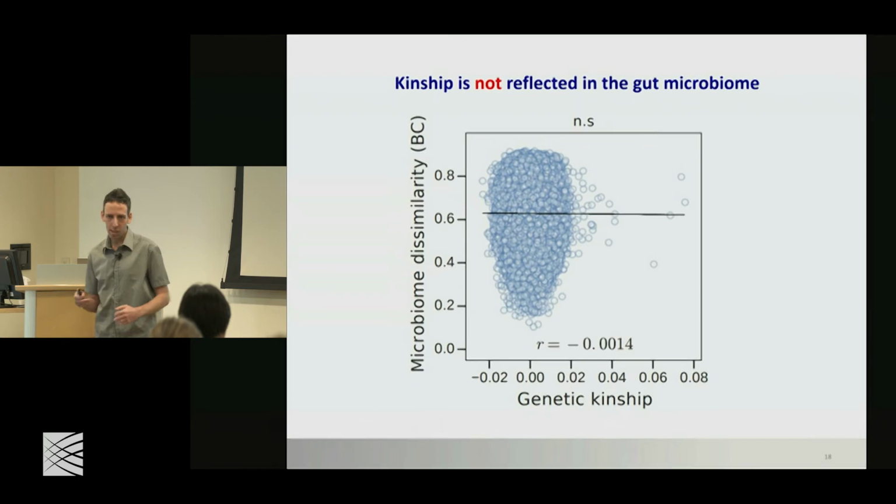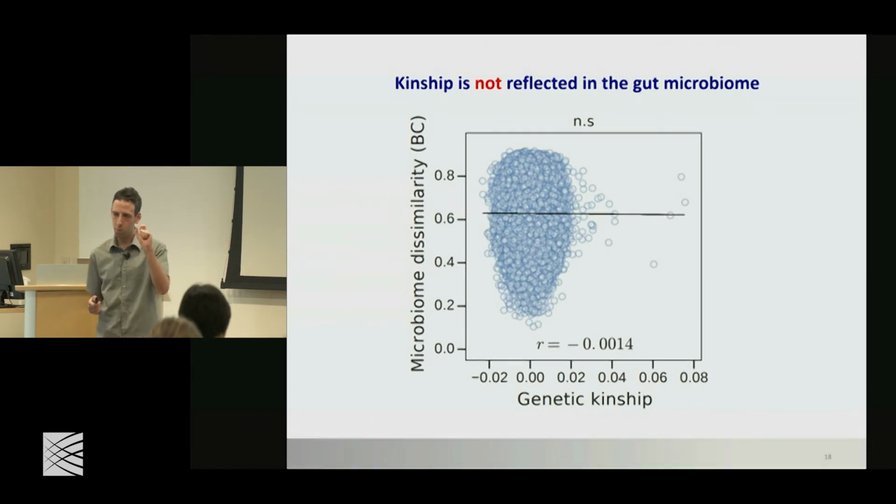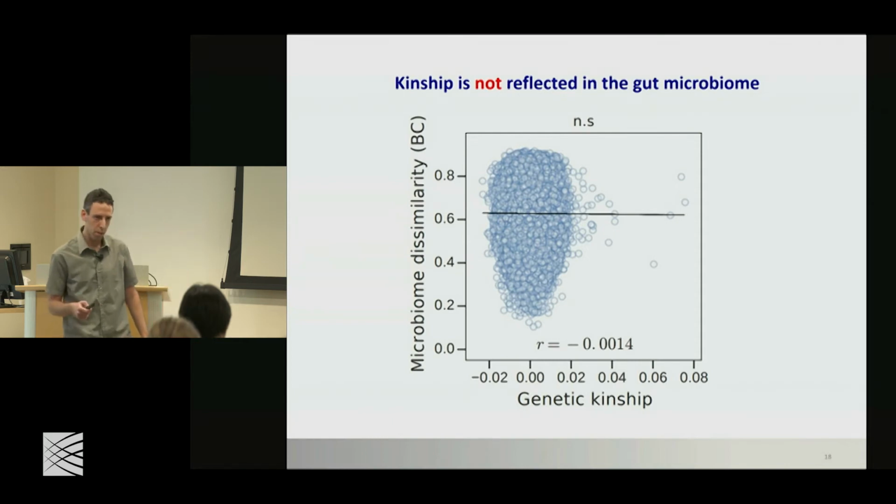But we had a secret weapon that most GWASs do not have, which is that every stool sample is contaminated with some human DNA. And so we could use that to extract the human DNA from the stool samples and then match the human DNA from the stool samples with the human DNA from the blood samples, which we used for genotyping.